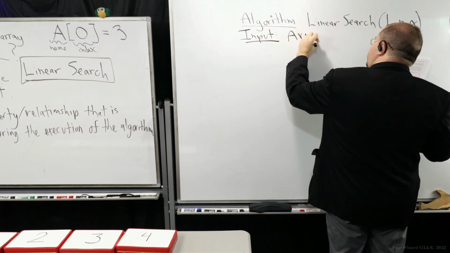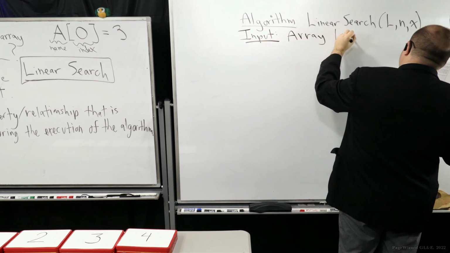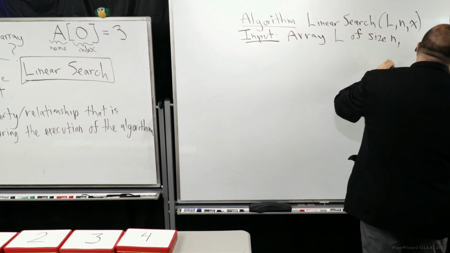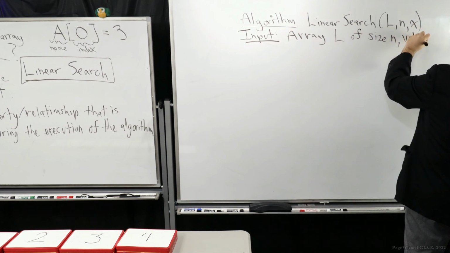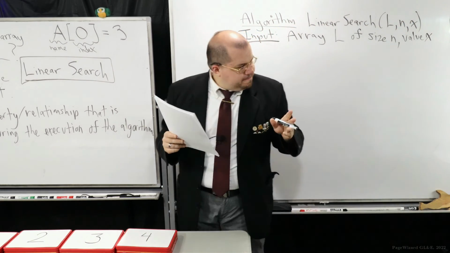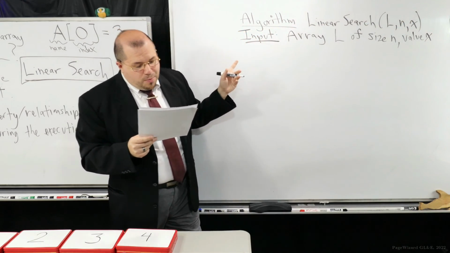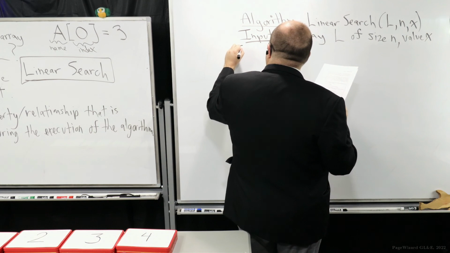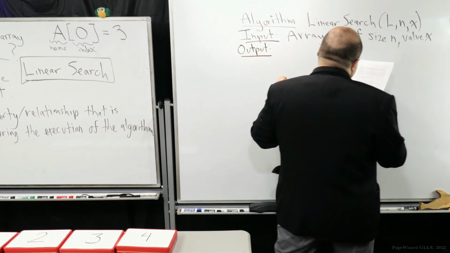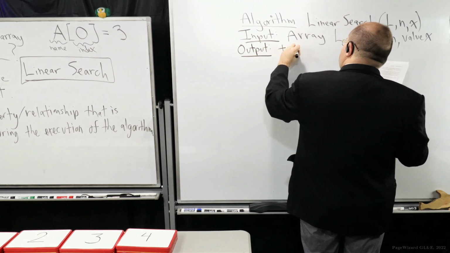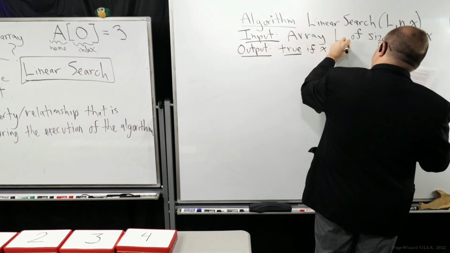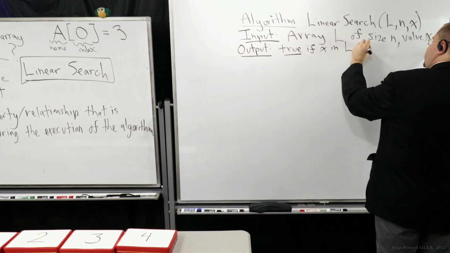So I'm going to give you the array L of size n. And we're going to be given a value x. So I have L and I have x. As output, it's going to be outputting true if x is in L, false otherwise.